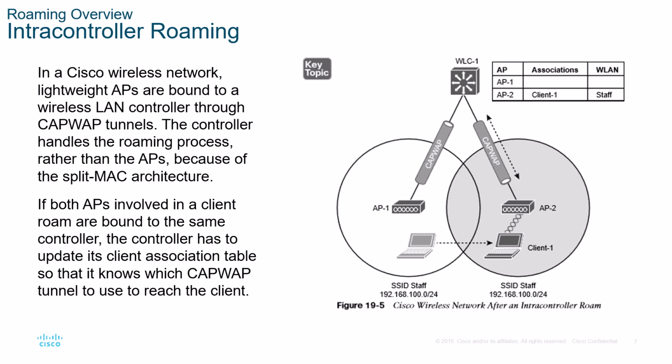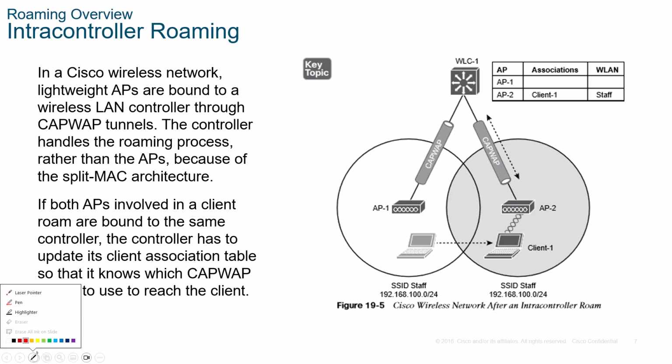Now, are these mobility controllers built into the access point? May or may not. Part of this is going to be that split MAC architecture. As long as both of the APs involved in a client roaming are bound to the same controller, the controller should be able to update the association as long as the APs are communicating with the wireless LAN controller, and again, through the CAPWAP tunnel.